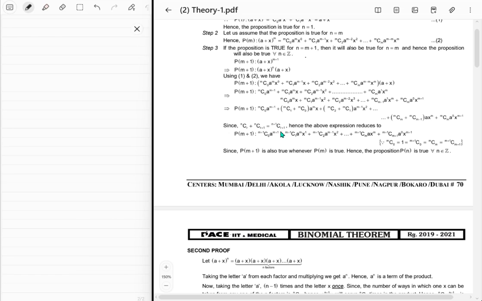Okay, so let's give a proper combinatoric proof for this. So you have n plus 1 objects, and out of these you want to choose r plus 1 objects. So let's just consider the first object. You could either have the first object in your selection, and if you have done that, your whole task is just reduced to choosing r objects out of n objects.